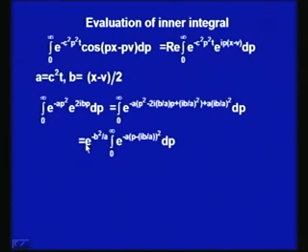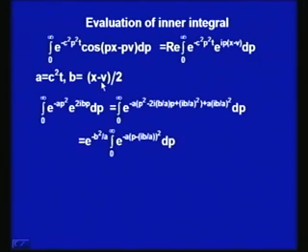So, we get e to the power minus b square upon a, and the term inside the integral is e to the power minus a times (p minus i b upon a) whole square, integrated with respect to p. Now, make the change of variable: take square root of a times (p minus i b upon a) as some other variable, say v.